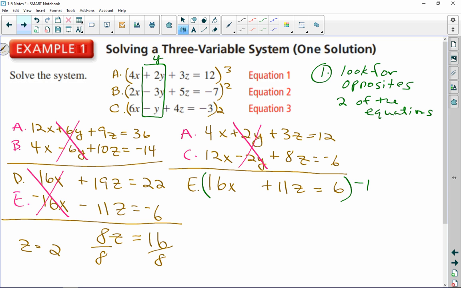Okay, so which modified do you want to use? You want to use D or do you want to use E? I use E. Why E? I'm going to take this 2, and it's going to go in for the z right there. I'm going to use E because it's got smaller numbers, right?